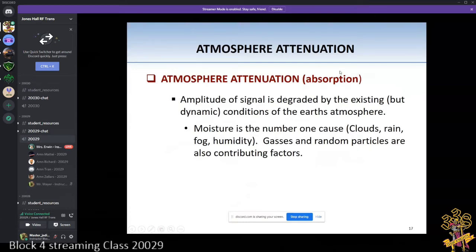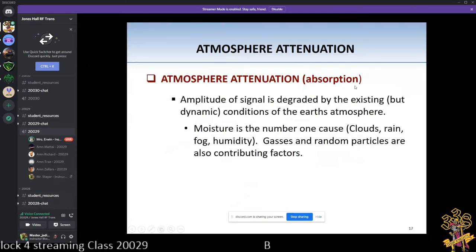Atmosphere attenuation, sometimes called absorption, is just your signal being degraded by the conditions in the atmosphere. The primary cause is moisture. Moisture comes in a lot of different forms. It can be in the form of clouds, it can be rain, it can be fog, humidity.